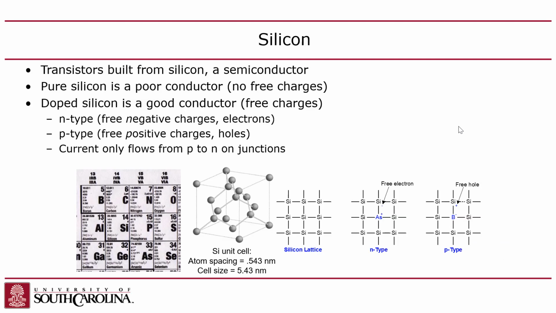Okay, so let's talk a little bit about silicon. So silicon is an element, and it's a semiconductor, which means that it semi-conducts electricity, kind of, a little bit, not much, right?